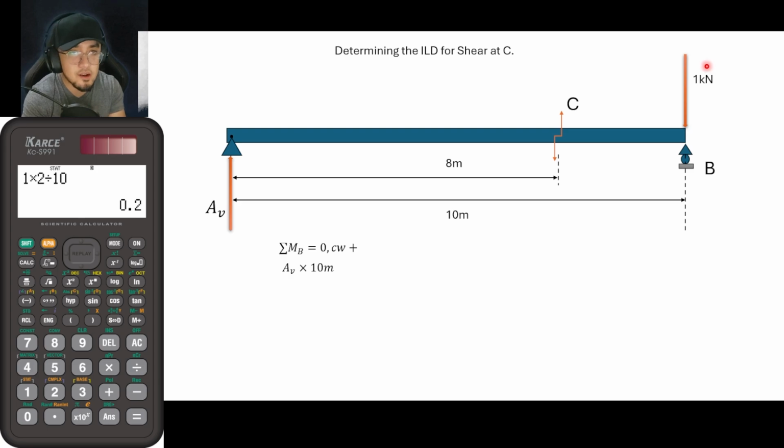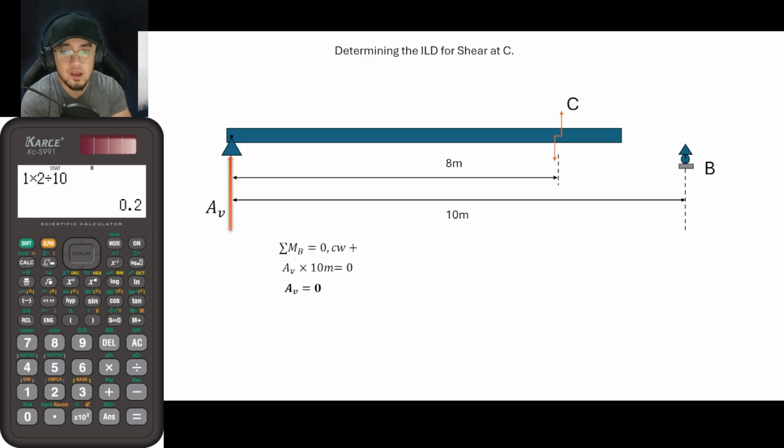As you can see here, this 1 kilonewton load is acting exactly at point B. It means that if we add it here, this is basically negative 1 kilonewton times the lever arm of 0, so this would simply cancel out. With that, for the efficiency of our solution, I would not include it. So this is now equal to 0, and solving for the value of AV, that is now equal to 0. Take note that this is already equal to 0.